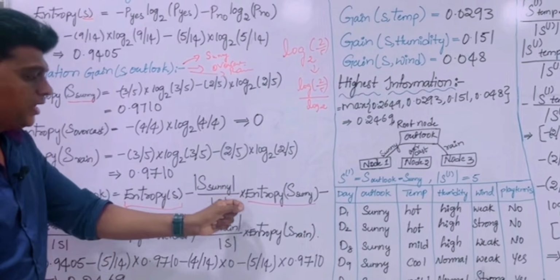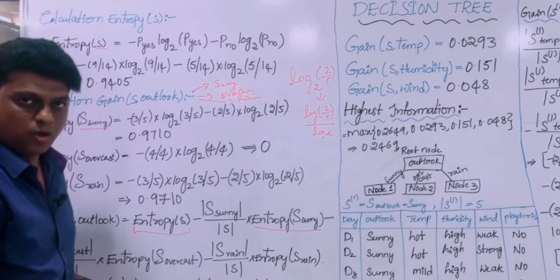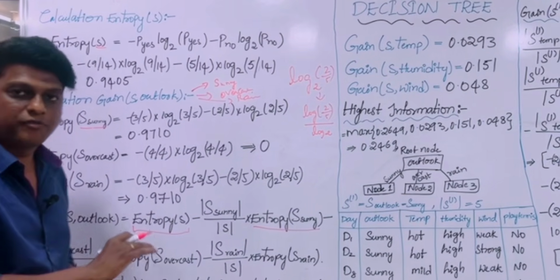We represent as many attributes as come under outlook. This is the standard formula for the gain.